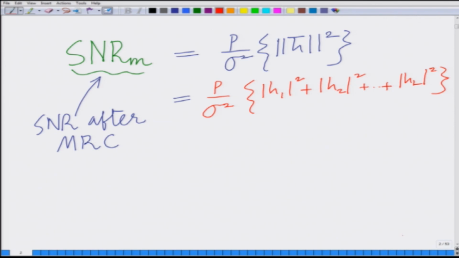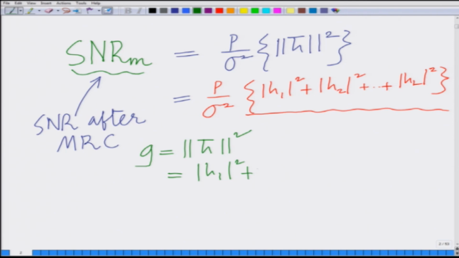And therefore, now let us consider this system. In this system, what I am going to do is denote G equals norm of H bar square, which is magnitude of H1 square plus magnitude of H2 square plus until magnitude of HL square.